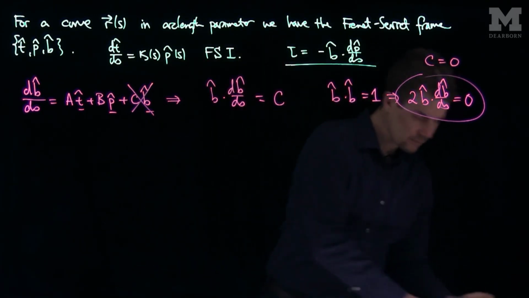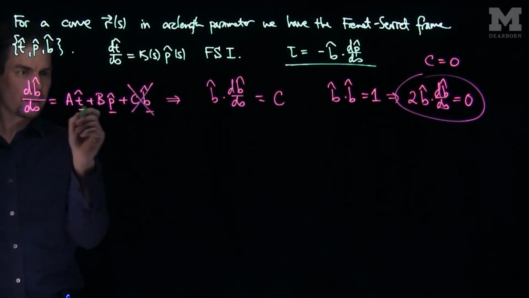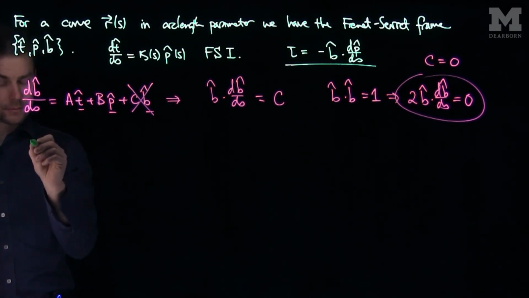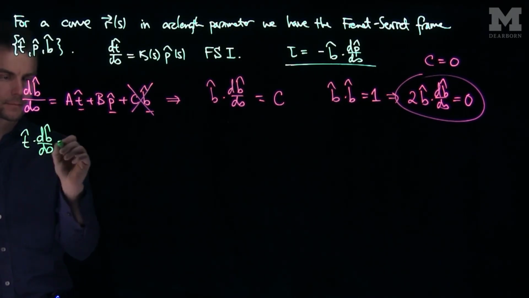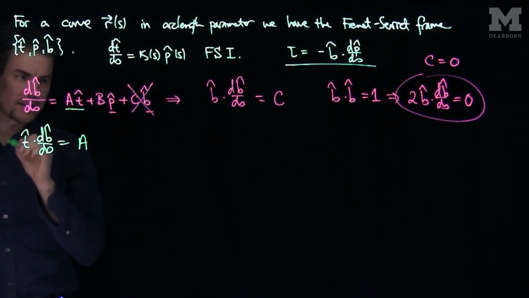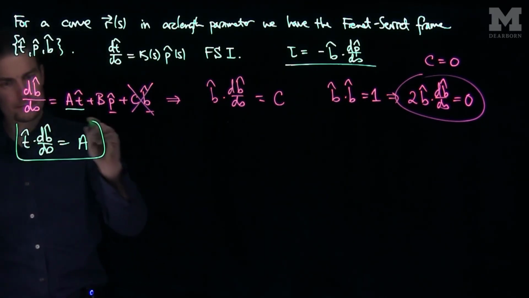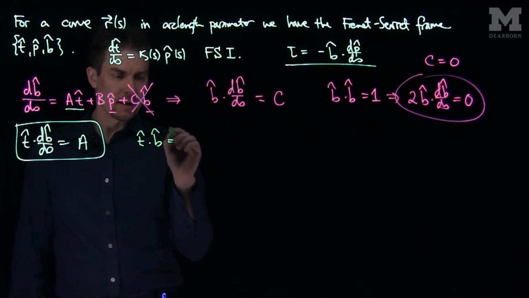And so what we see is that we have an a and a b term in this dB ds. If I dot both sides of this equation with t, that will give me an a, and p dot t is 0, so this will be a. But we can use the relationship that t dot b is equal to 0.